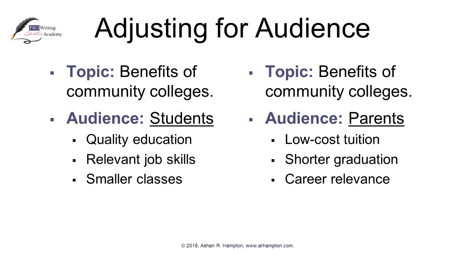Can my child get a job after they leave this institution? That's what we mean. So we're not saying that these things are not important to students, especially non-traditional or working students, but you see how depending on the audience, depending on who you are talking to, then the points that you are making to both of them will change.